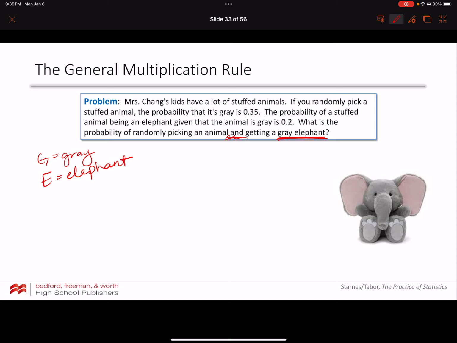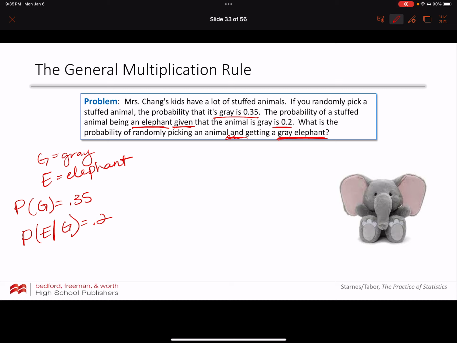So what am I given? I'm just given the probability of G equals 0.35. And then this 0.2, what is it? It says the probability of a stuffed animal being an elephant given that the animal is gray. So the probability of being an elephant given that the animal is gray, that's 0.2.